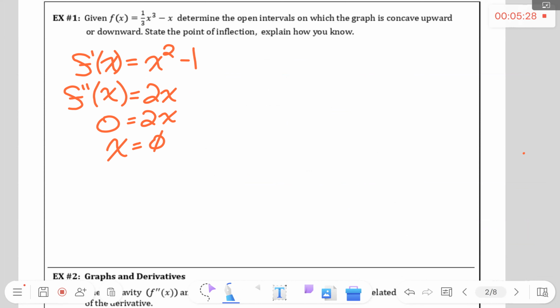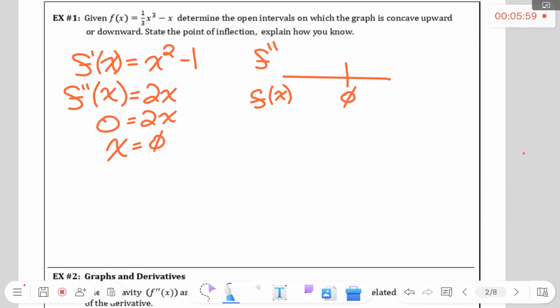So how do we find out maxes and mins? We did a little test, right? Instead of saying f prime, we're going to say f double prime. What's my critical number? 0. So I have to pick a number to the left of 0 to plug into f double prime.